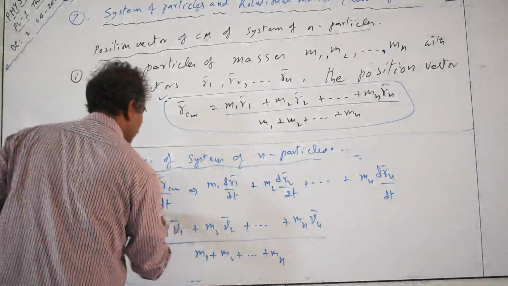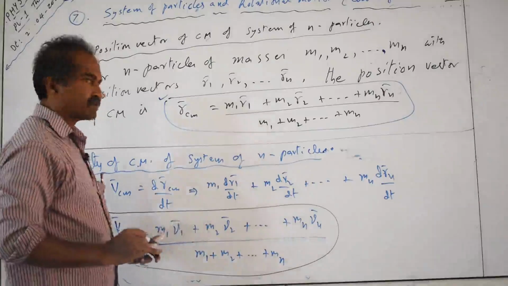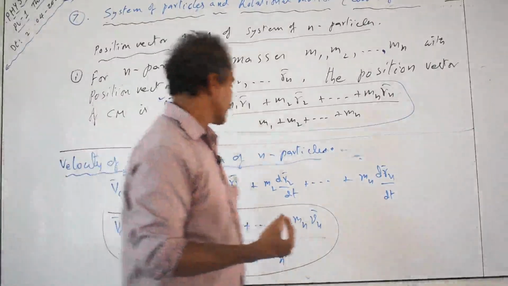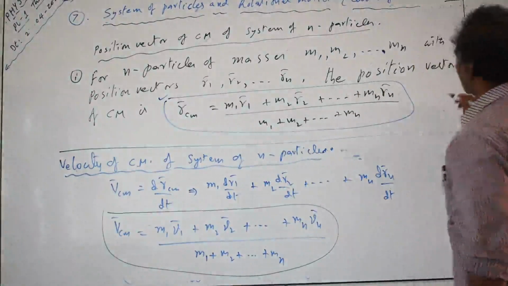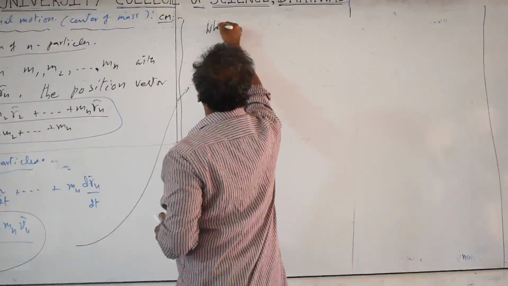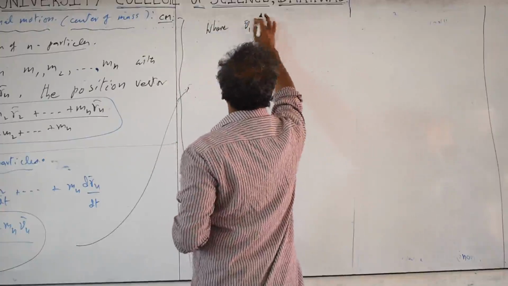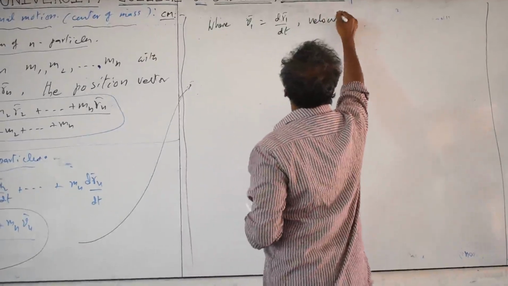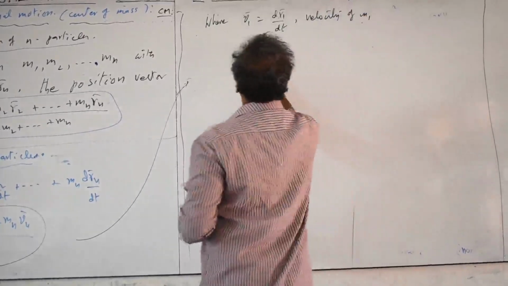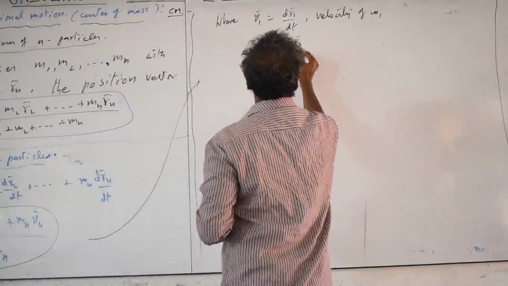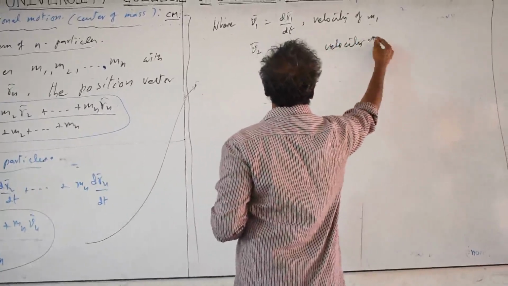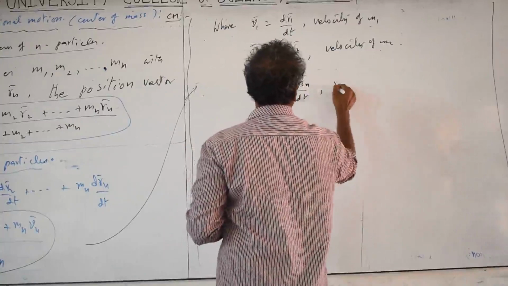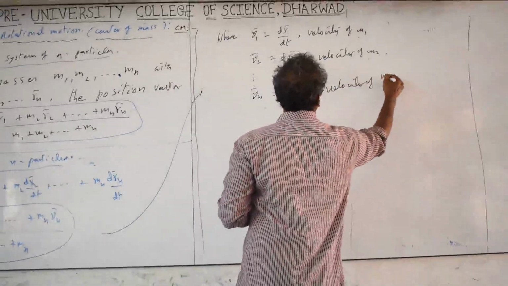If velocities are in the same direction, along the positive x-axis, you have to take them as positive. If any particle is going in the negative axis direction, or the opposite direction, its velocity is taken as negative. Here v1 is nothing but dr1 by dt, the velocity of m1, v2 bar is dr2 by dt, the velocity of m2, and so on, vn is drn by dt, the velocity of the nth particle.